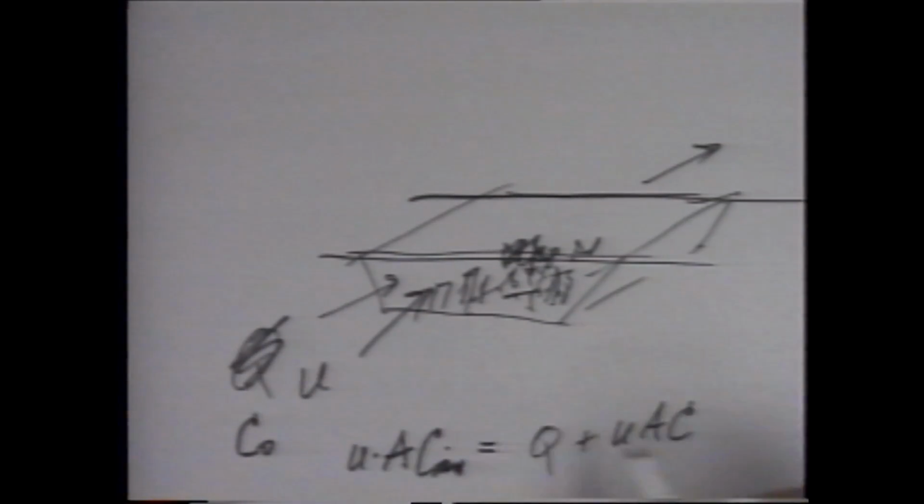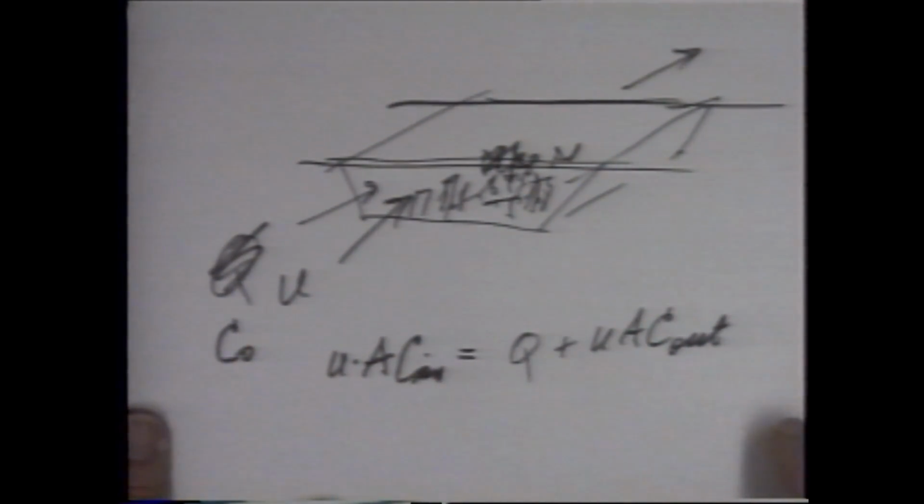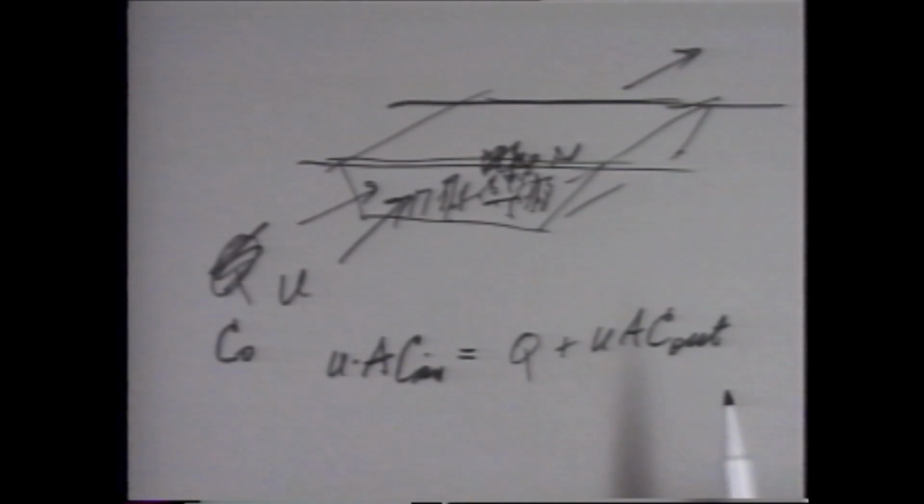We put the C in, C out, so there's no doubt. And if you don't know the outlet concentration, you can easily calculate it this way. This is the steady state box model.